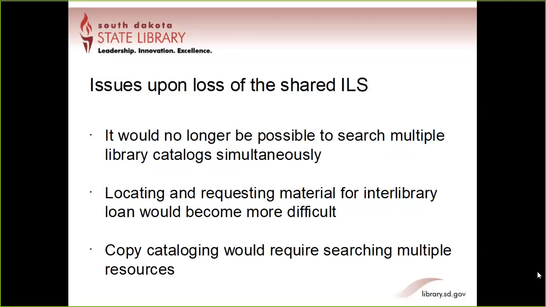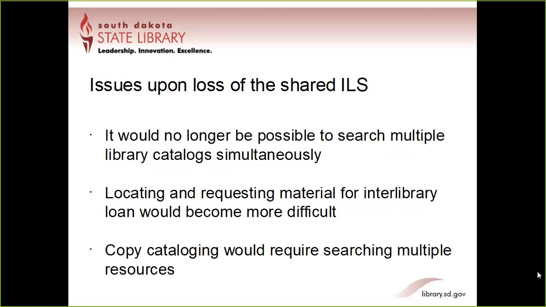So things that happened, of course, when we lost the shared ILS, we couldn't search multiple library catalogs simultaneously. It became harder to locate and request materials for interlibrary loan, and copy cataloging became a real problem, particularly for the majority of the libraries in the state who are not OCLC members.